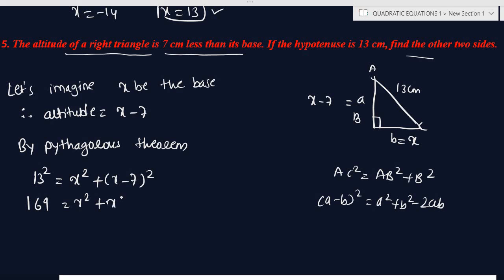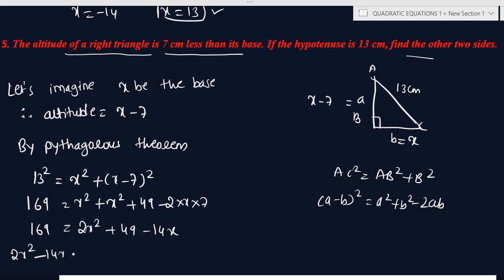Here x square plus 7 square is 49 minus 2 into x into 7. So 2x square plus 49 minus 14x is 169. You take 169 to the left hand side, what happens? 2x square minus 14x plus 49 minus 169 is equal to 0.